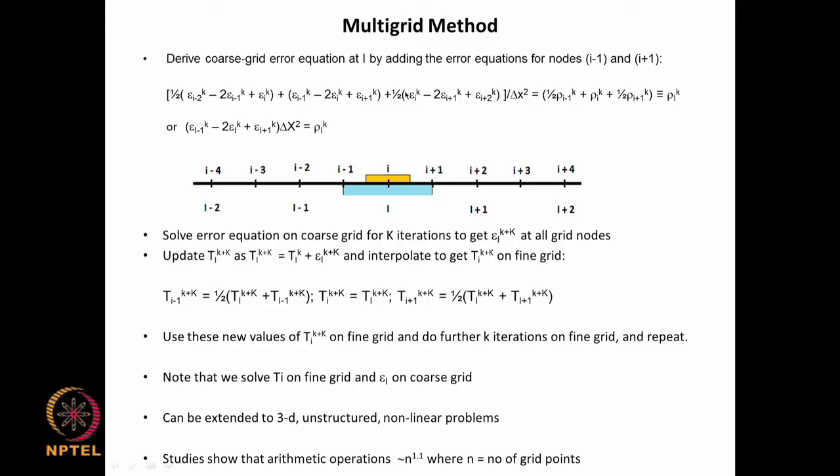All of this is equal to rho_{i-1}^k, rho_i^k and rho_{i+1}^k.